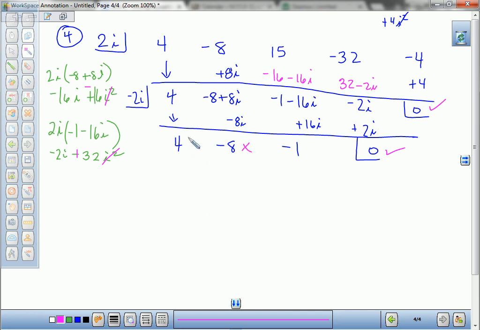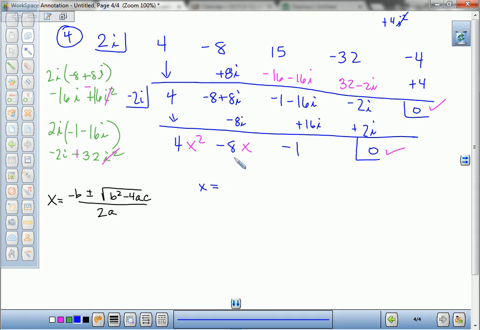Alright, so this is a x, which means this one is a x squared. So now I've got to do the quadratic formula. Negative b plus or minus the square root of b squared minus 4ac, all over 2 times a.